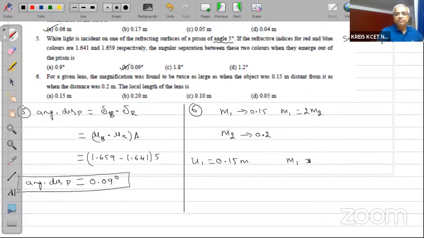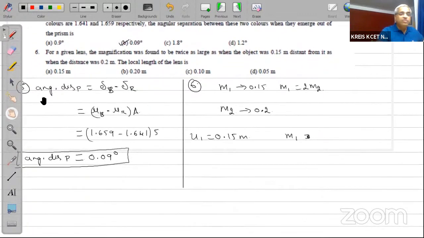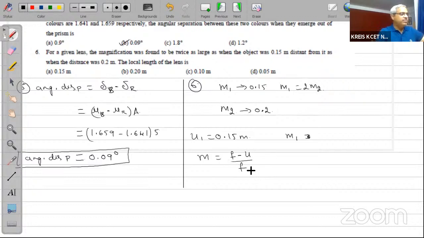ಇದು magnification M1. Can we write down the relation between magnification, focal length, and U? Last ಮಾಡಿದ್ವಿ ಅಲ್ವಾ ಒಂದು, we had obtained a relation. Okay, if you all remember, that is essentially equal to magnification ಇದ್ದಂತ ಫಾರ್ಮುಲಾ ಏನು, F minus U divided by F. So this is in fact what basically we have.